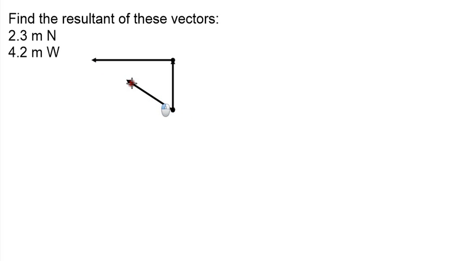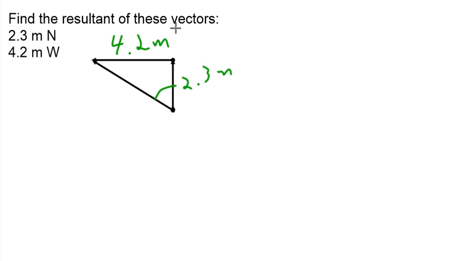And if we want to draw our resultant, it'll look like this. And remember that there are multiple ways that you can be working on these. And so with this, my angle would be there. And let's write in our values. So we have 2.3 meters, we have 4.2 meters.